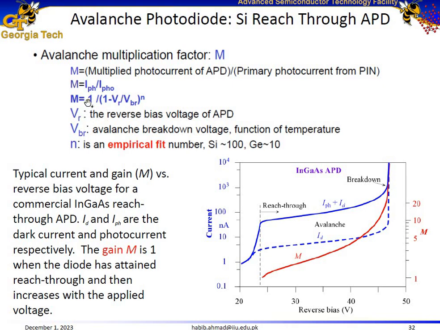This multiplication factor can also be calculated using this formula: 1 / (1 - (VR/VBR)^n). VR is the reverse bias voltage, divided by VBR, which is the breakdown point of the photodiode, to the power of small n, where n is an empirical fit number. For silicon, its value is approximately 100, and for germanium, its value is approximately 10.